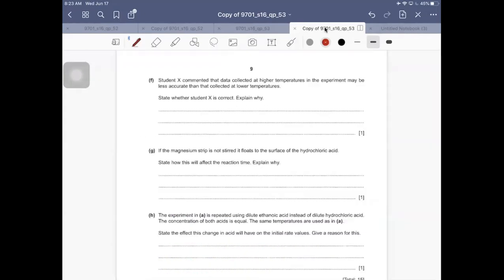Student X commented that the data collected at higher temperatures in the experiment may be less accurate. Higher temperature means your reaction would be fast. Reaction rate increases. Time also increases.